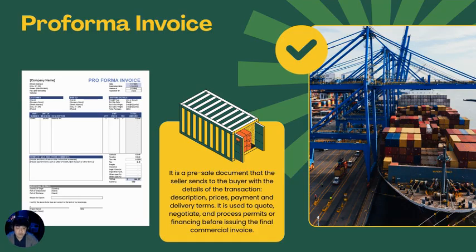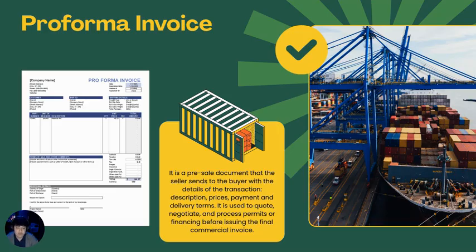A proforma invoice is a document issued by the seller before the sale is finalized. Its main purpose is to present a detailed offer to the buyer, including price, product specification, payment conditions, type of transport, and delivery time.